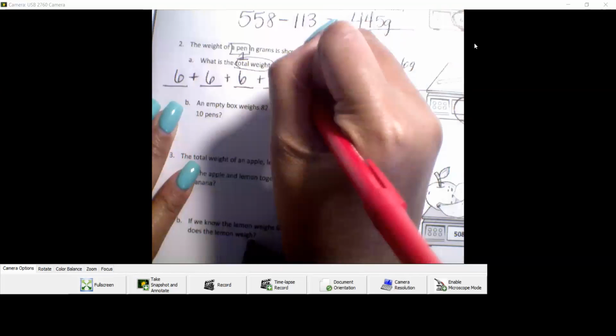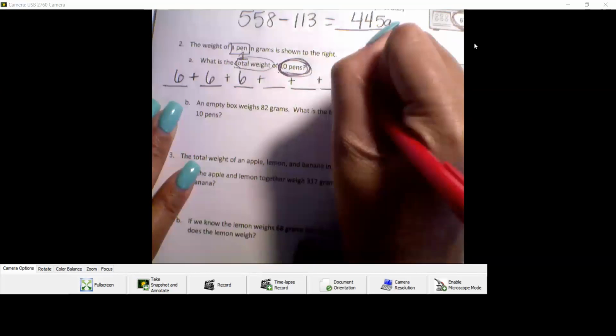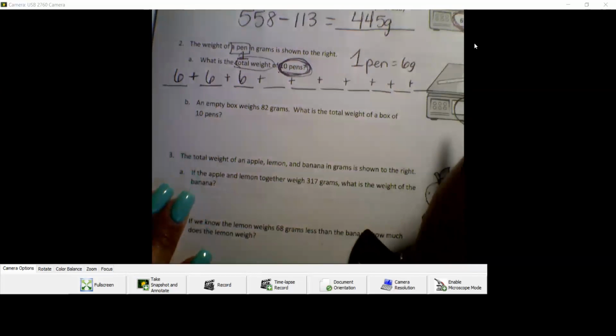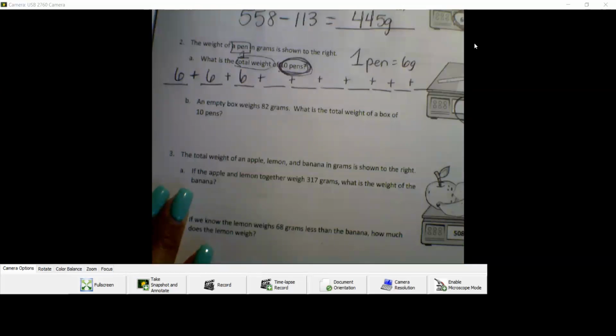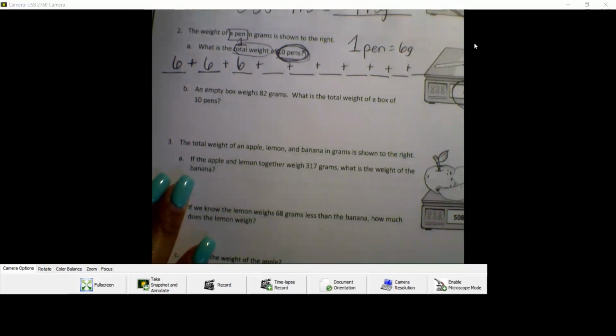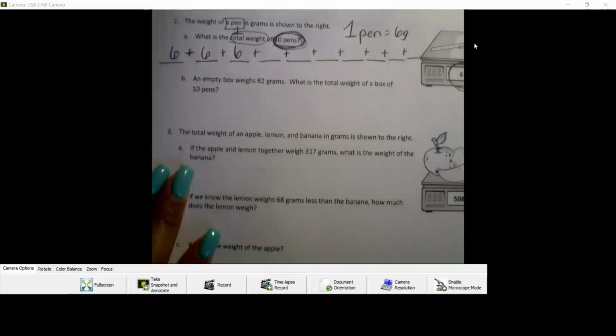Or you can skip count by 6s, whichever one's easier for you. Whatever you get, that's your answer. If you need more time, please pause the video.